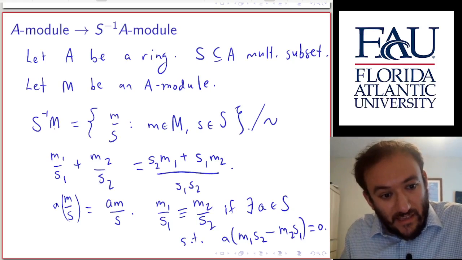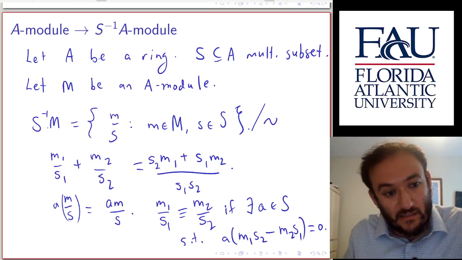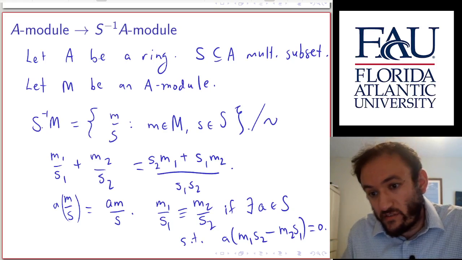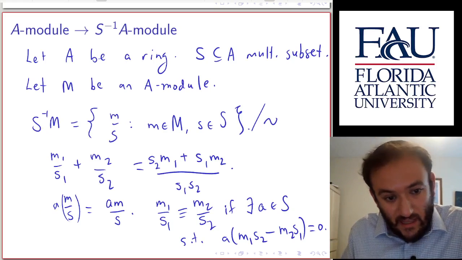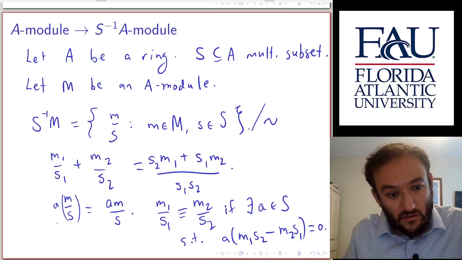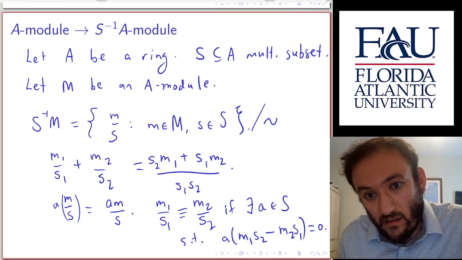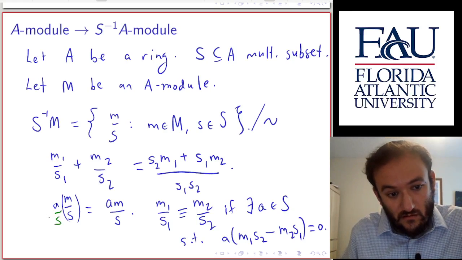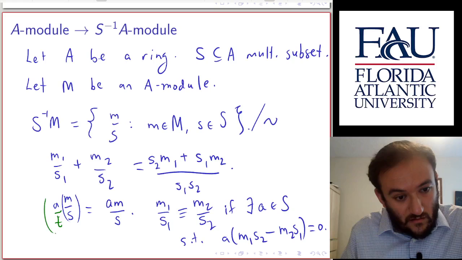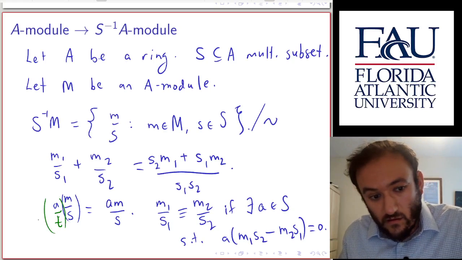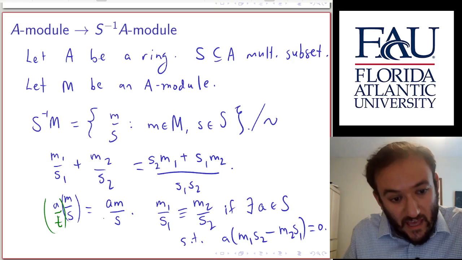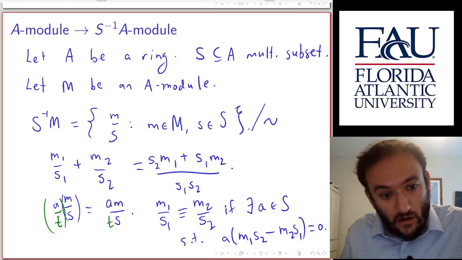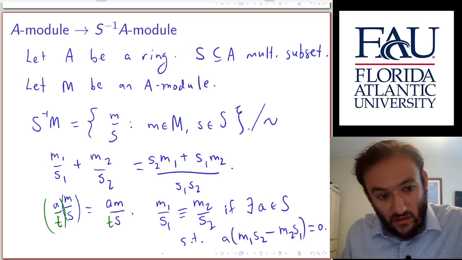So now S inverse M can be thought of as an A module, but it also can be thought of as an S inverse A module by just adding this in. If we take an element in the localization S inverse A, you just pop that in here and everything goes through.